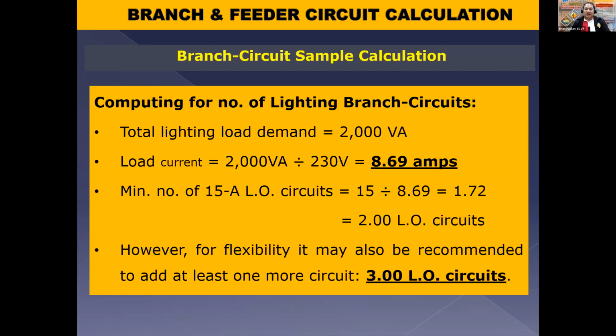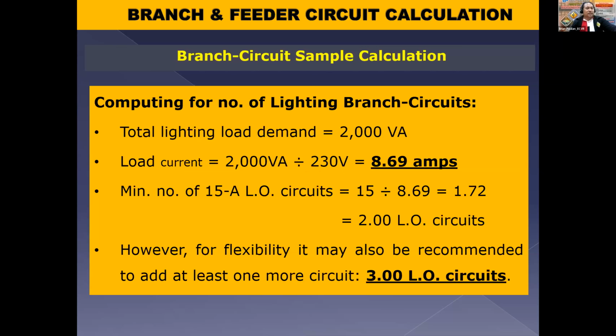We don't have 1.72 circuits, so let's start with 2 lighting outlet circuits. That means the current for each circuit is divided by 2: 8.69 divided by 2 is more or less 4.3 amperes. That is far below 80% of 15 amperes. By the way, how much is 80%? We use 80% because lighting is a continuous load.